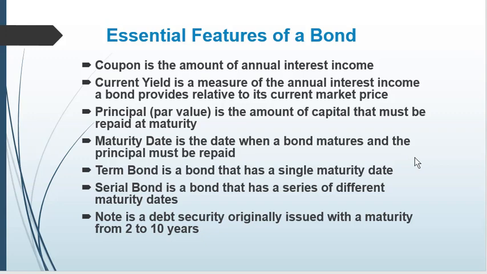And a note is a bond, however, it's a short-term bond. Typically, the 2 to 10-year range is what we refer to as a note. Anything 10 years and above is called a bond, and anything 1 year and below is called a treasury bill, especially if you're thinking about government issues.